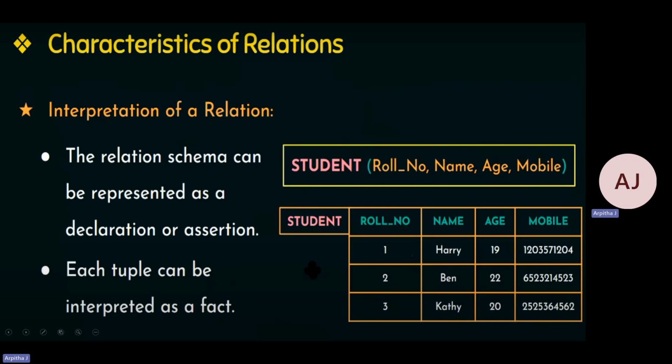So once you add the data inside a table or relation, you can read it very easily and come to know the details of a particular student. So this is the last characteristic. So done. We'll see the next topic in the next class. Any doubt till here?